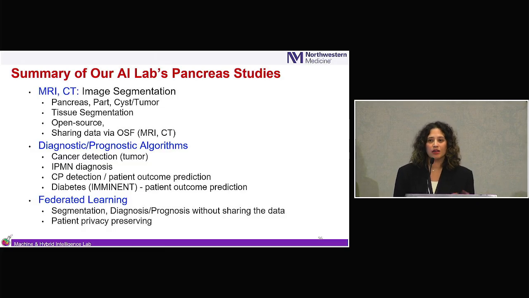We make all our data open source, and we make all our models publicly available. We also developed a user interface that researchers can use, which can automatically extract and segment the pancreas and give you the volume in a 3D version.